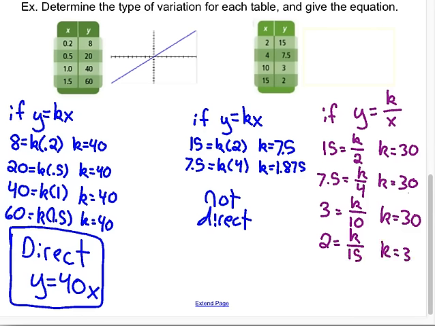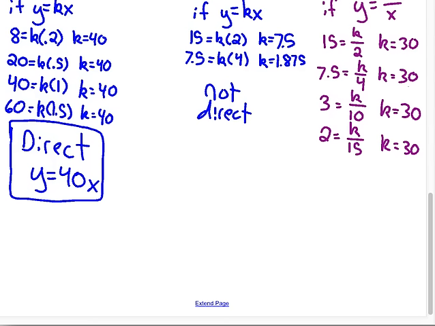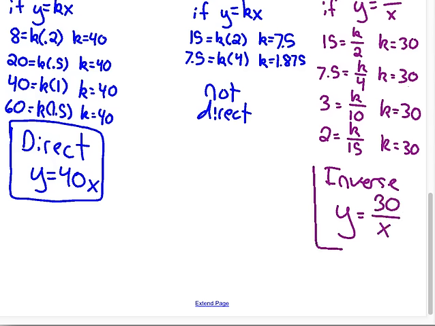Multiply the 15 over, and you get k equals 30. That constant of variation is consistent for every one of them. So what that means is this is an inverse relationship, and the equation, we found that k is 30.